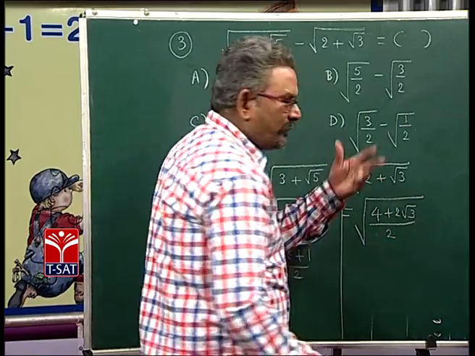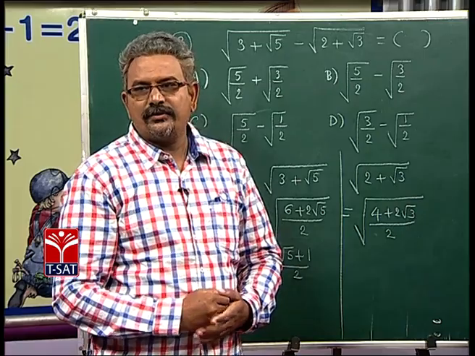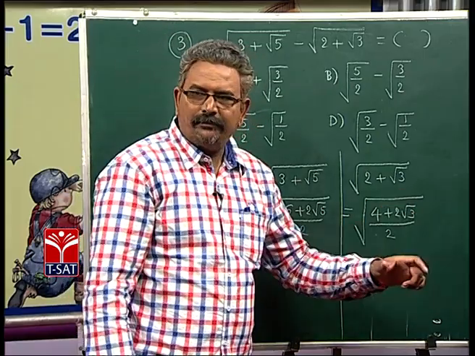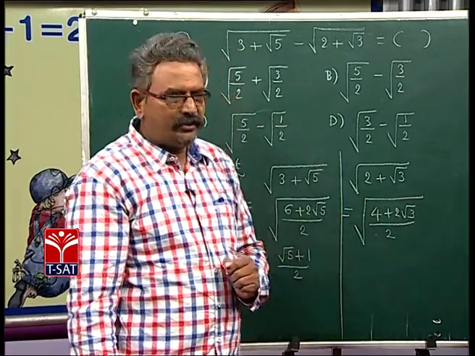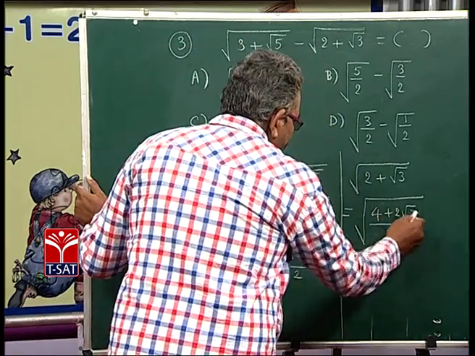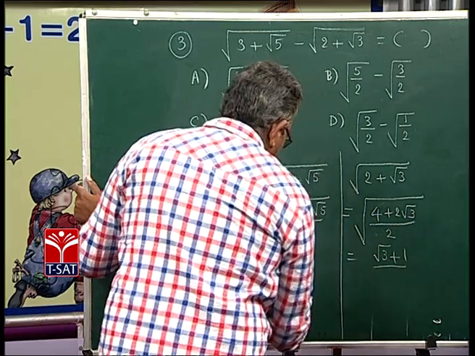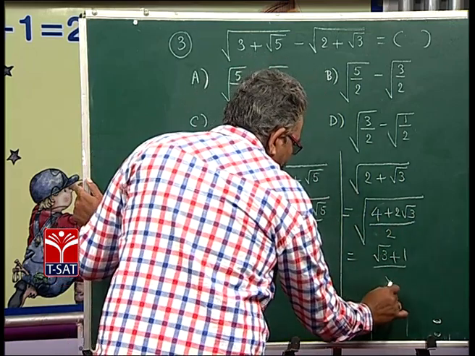In the previous problem we have already done the square root of 4 plus 2 root 3. 3 is a prime number, we have only two factors, 3 into 1. This is 3 plus 1, 3 into 1, root 3 plus 1 by, this will be root 2, this is also root 2.